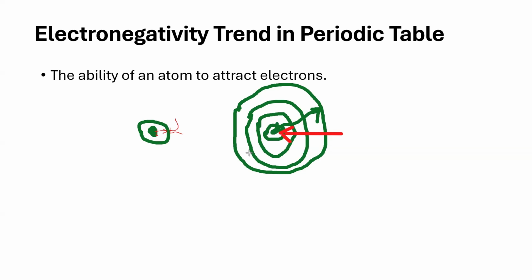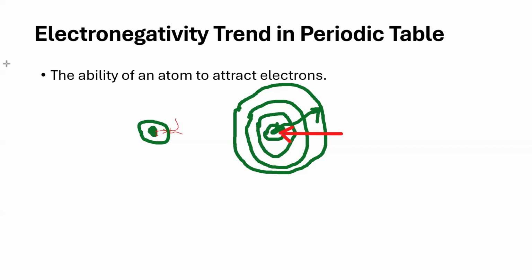As the radius increases, the attraction force between the nucleus and the outermost shell electrons decreases. It's inversely proportional to the atomic radius.